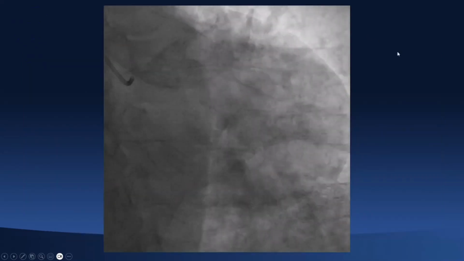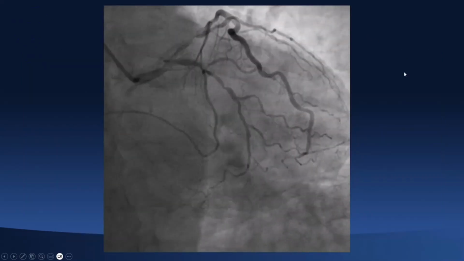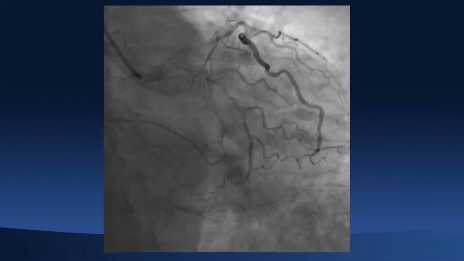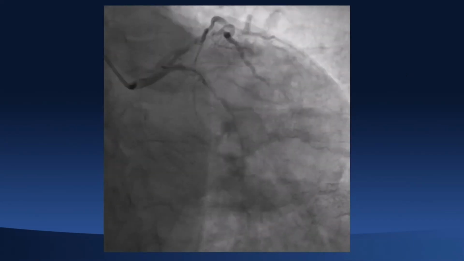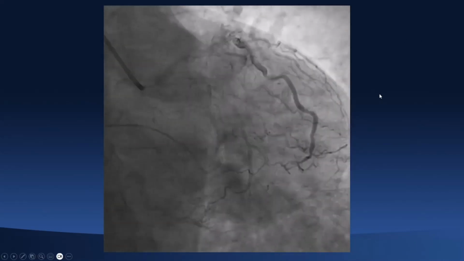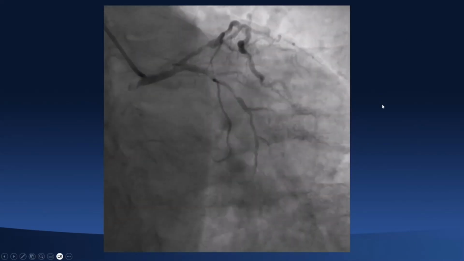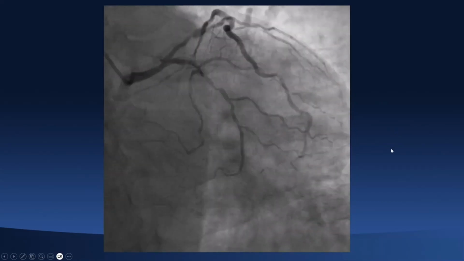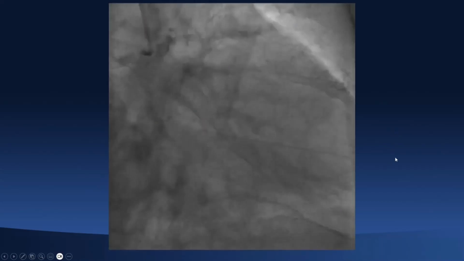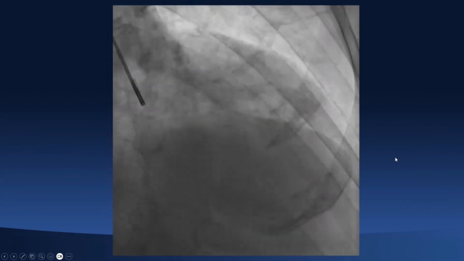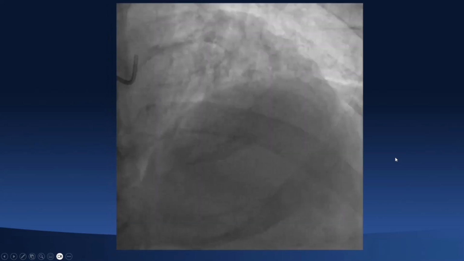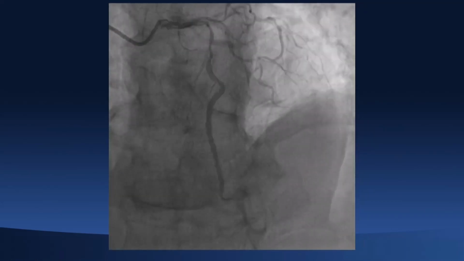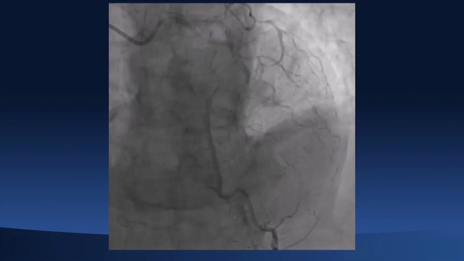Next, this patient received a PCI for acute coronary syndrome 2 years ago. The prior coronary angiography showed that there was a subtotal occlusion in the right coronary artery with TIMI flow grade 0. There was a serious stenosis in the proximal LAD with severe calcification.